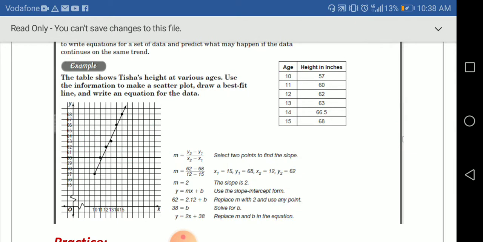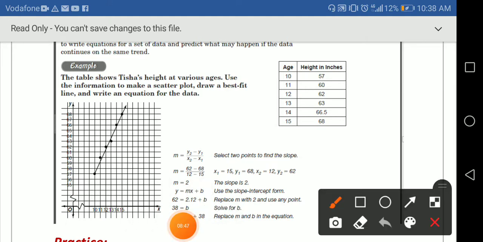Easy one. Okay, let's summarize what we have taken in this example. We did 3 steps. He asks me to gather the information and make a scatter plot, then draw a best fit line, then write an equation for the data.